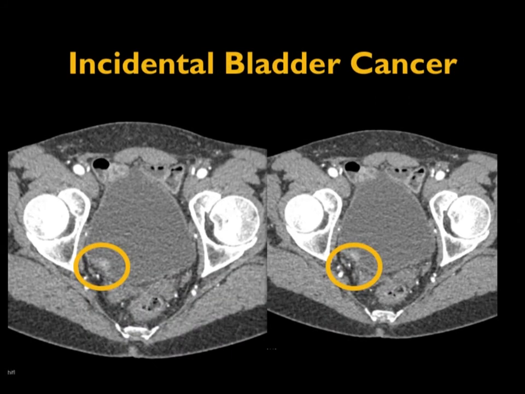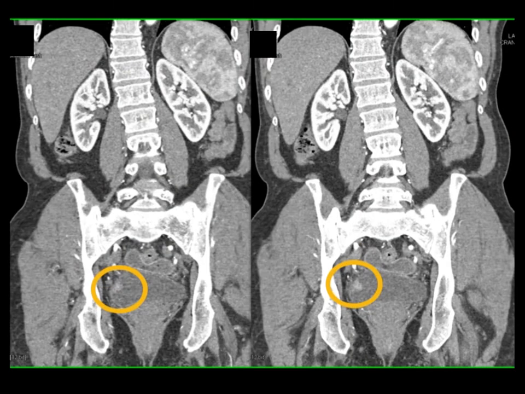Now, in terms of bladder cancers, another good example, right UV junction, anteriorly by the urachal remnant, very nicely shown on the reconstructed views. Again, these small tumors are going to be vascular and they're going to be neuroendocrine tumors. And again, technique is everything. So you can see how nicely you can see it in this example.